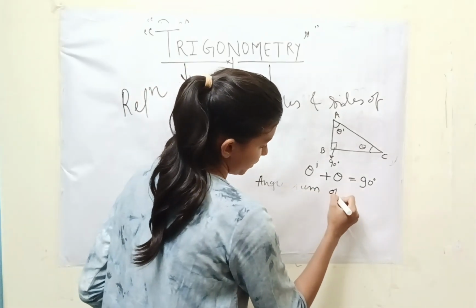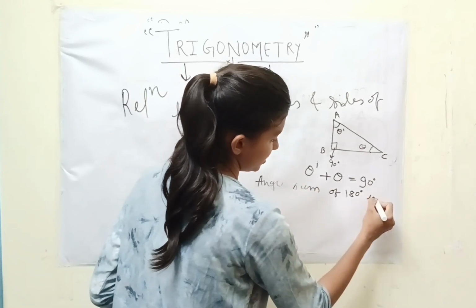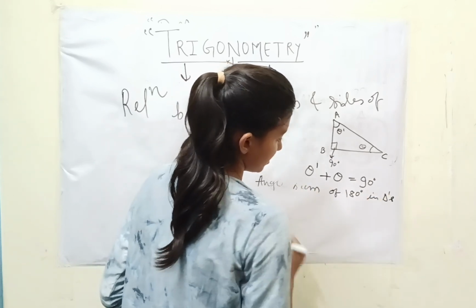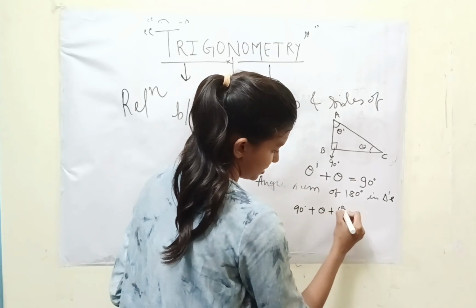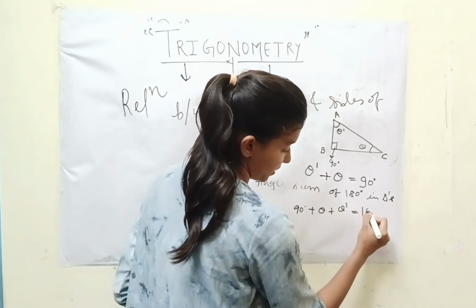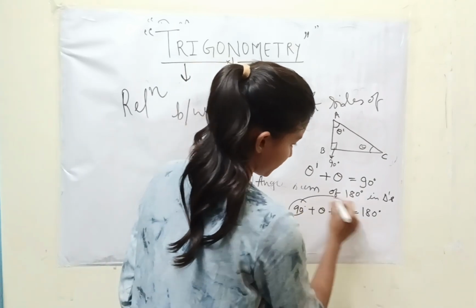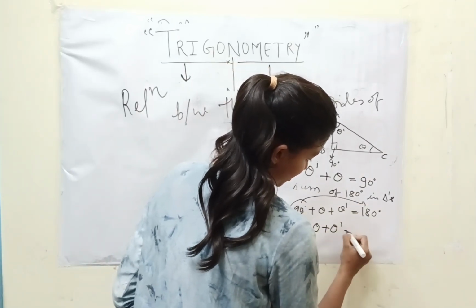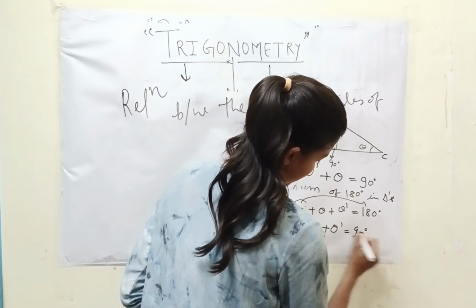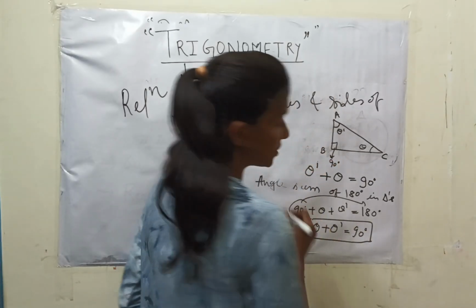The sum of interior angles in a triangle is 180 degrees, so 90 plus theta plus theta dash must be 180 degrees. From here we can conclude that theta plus theta dash sums to 90 degrees. That means they are complementary angles.